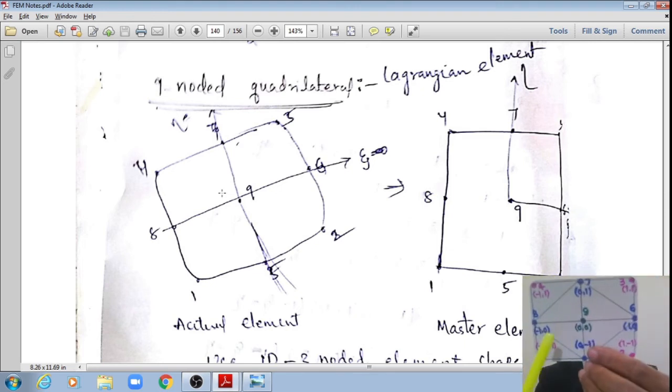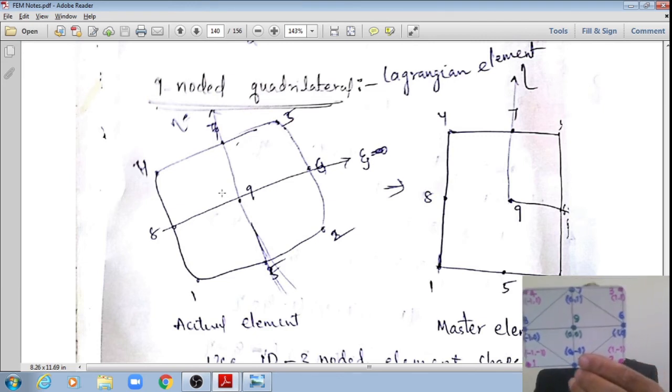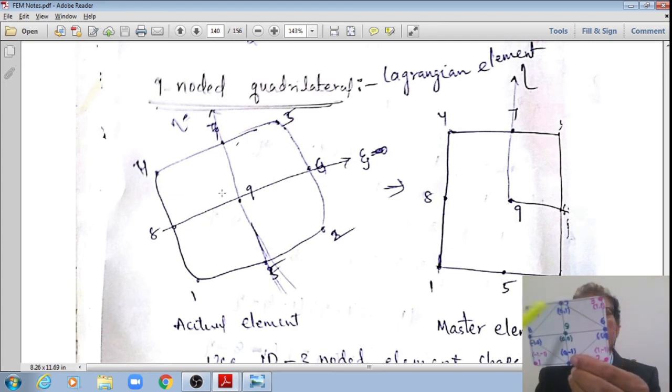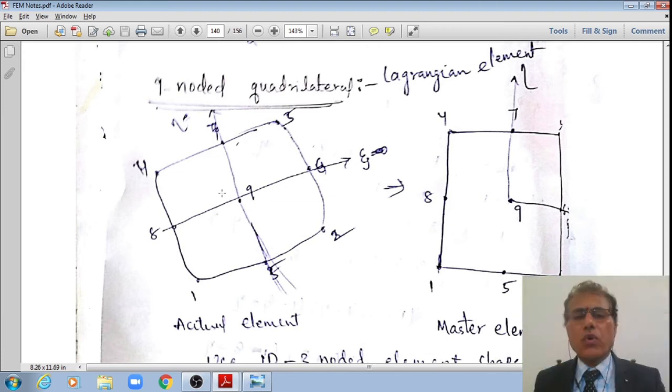That is why I'm inserting a 9th node at the CG of this quadrilateral. Therefore I do have 4 corner nodes, 1, 2, 3, 4, and 4 mid-side nodes 5, 6, 7, 8, and 1 node at the CG, the ninth node, right?